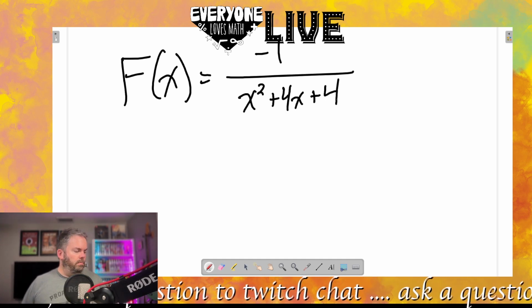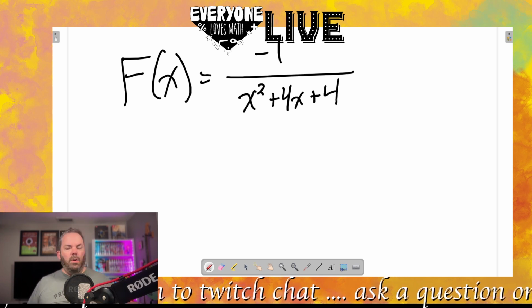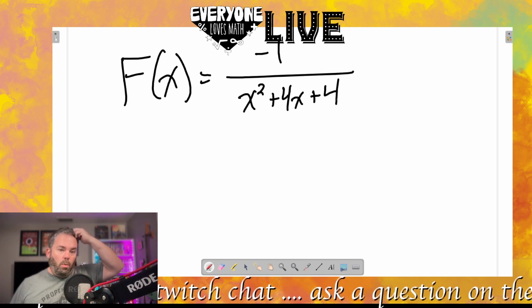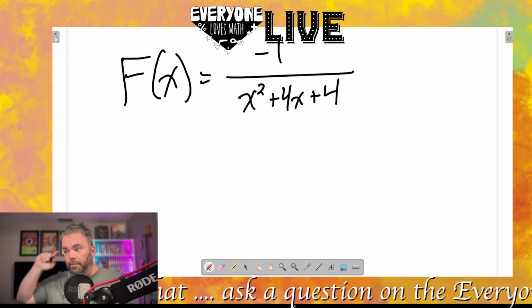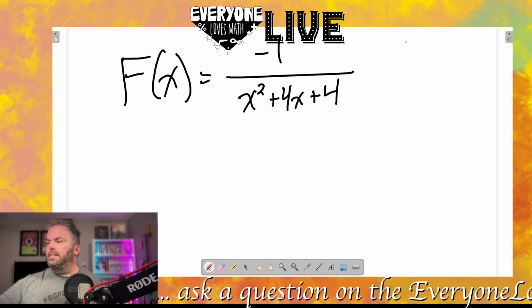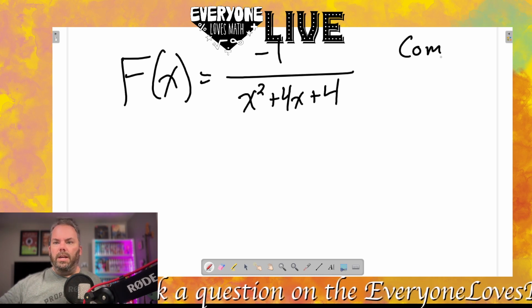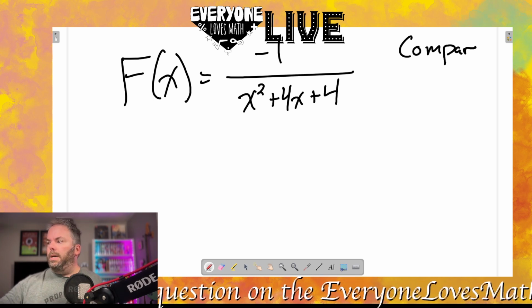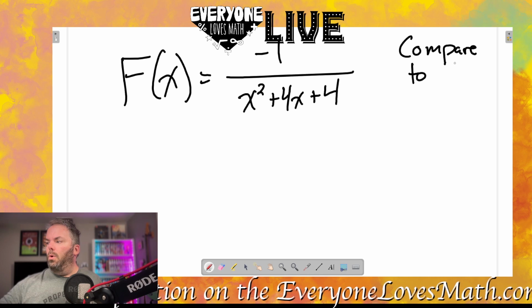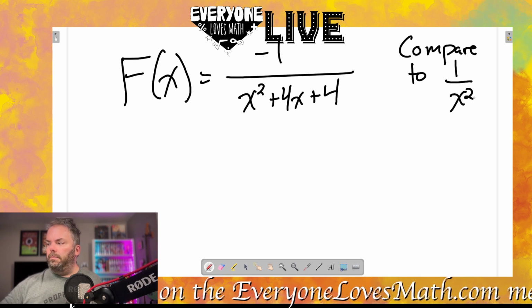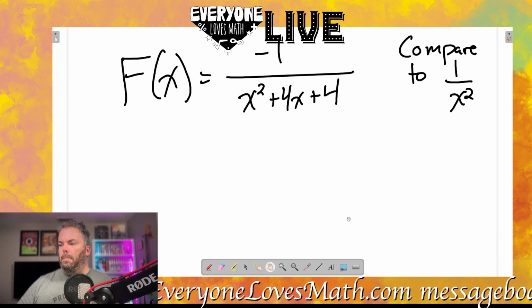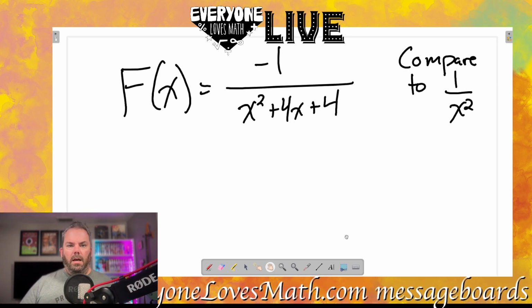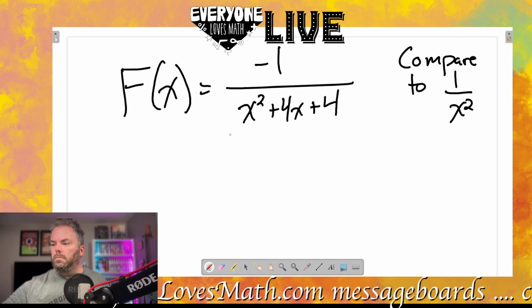Okay. What they want us to do is compare this to the graph of 1 over x squared. I'm just going to write it off to the side. Compare it to 1 over x squared. And in order for us to compare it to 1 over x squared, we need to factor the denominator.